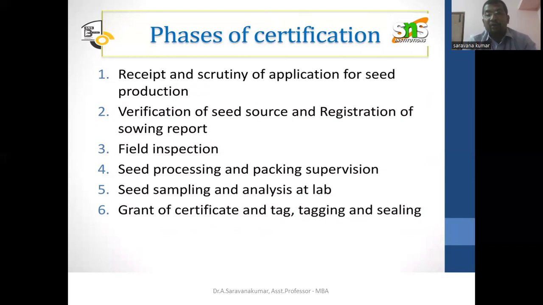Only after you receive the report can you know it's pure quality seed. Next is field inspection: they will come directly to our field and inspect. Then seed processing and packing supervision, and seed sampling and analysis at the lab. A seed sample is taken and analyzed in the lab. And then finally you will get the grant of certificate, and tagging and sealing.